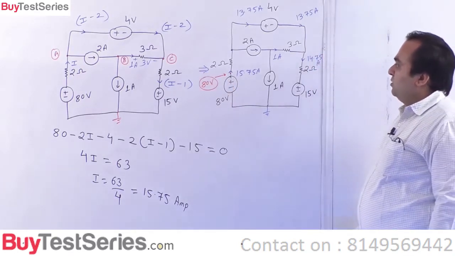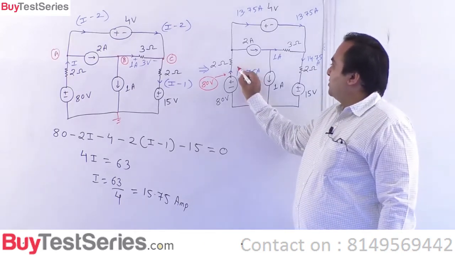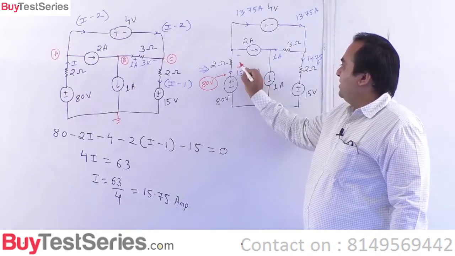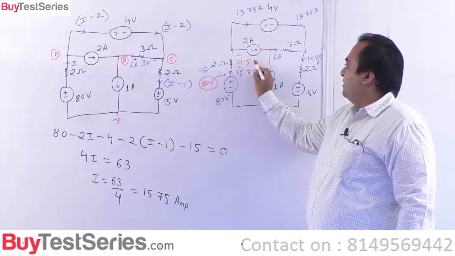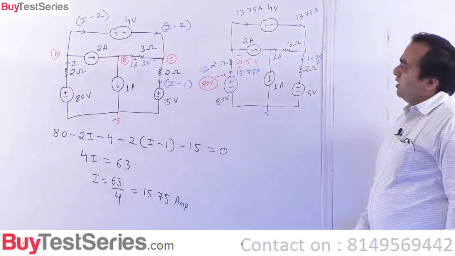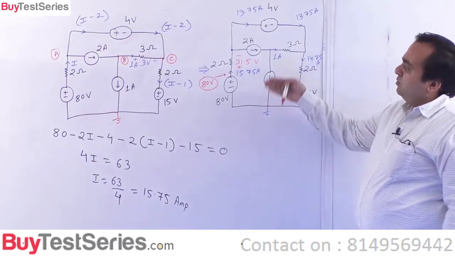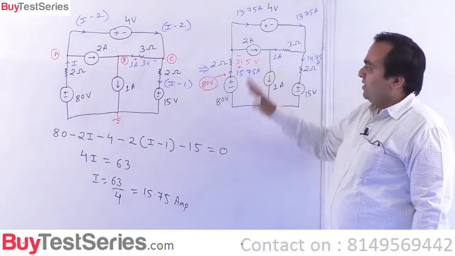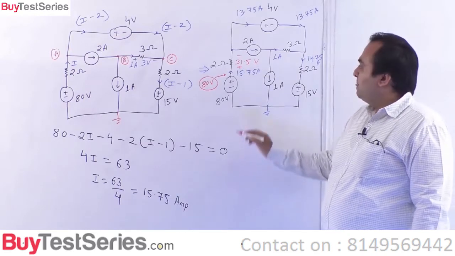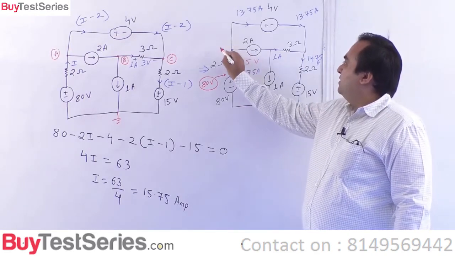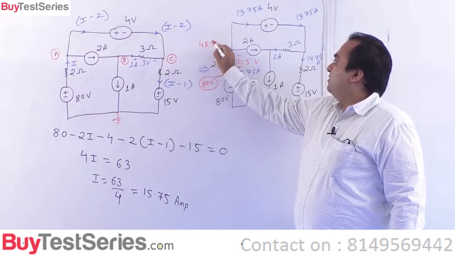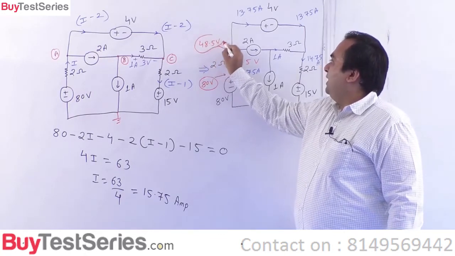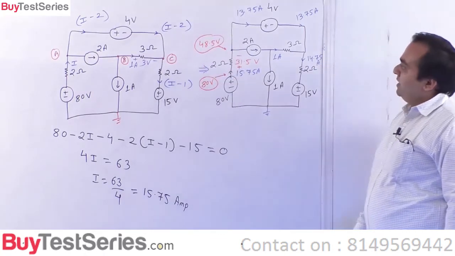Alright, so this voltage drop 15.75 into 2 is 31.5 volts. So when you deduct 31.5 from 80, you get 48.5. 48.5 is the potential here.